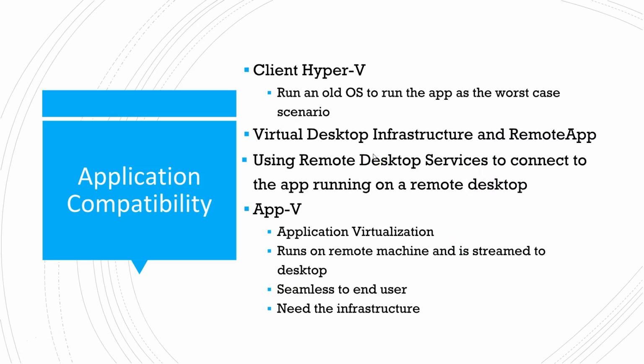Okay. So what can we also do if we have compatibility issues? Well, these are less popular options, rather extreme, but sometimes necessary. Sometimes we could have Windows run Hyper-V, Microsoft's hypervisor software, that can run the old operating system. So you run a virtual machine and then run the app.